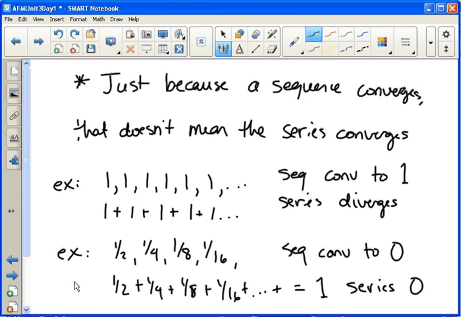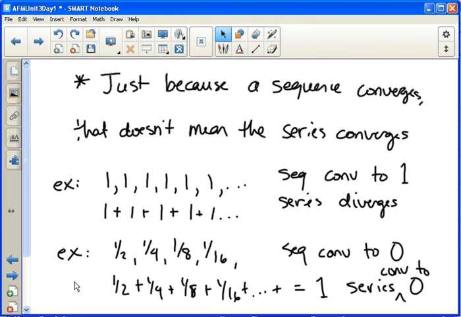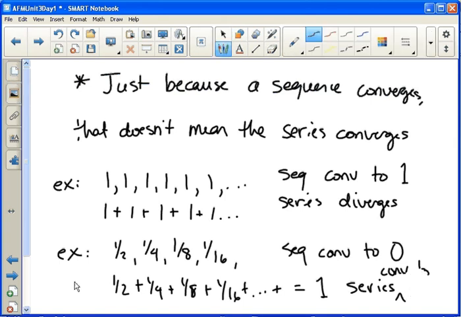While this sequence converges to 0 because the numbers are getting smaller and smaller, the series, the sum of those numbers, is converging to 1. Sorry, I don't know why I wrote 0 there. Converges to 1. So not only does one converging not necessarily mean the other will converge, they don't necessarily converge to the same thing even if they both converge.